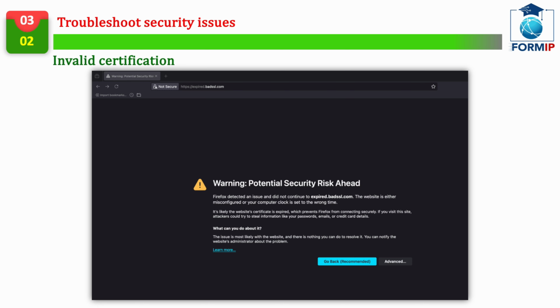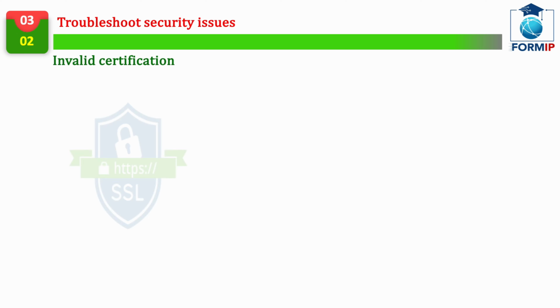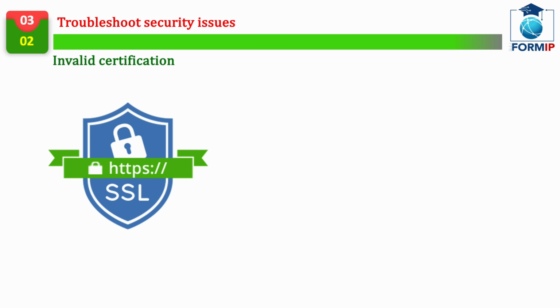Invalid certificate. We will now talk about an invalid certificate. Sometimes we want to access a web page when suddenly we find ourselves with an alert informing us that the site is dangerous and that it is strongly advised not to continue. In fact, it is an SSL certificate error, meaning the certificate is not valid.